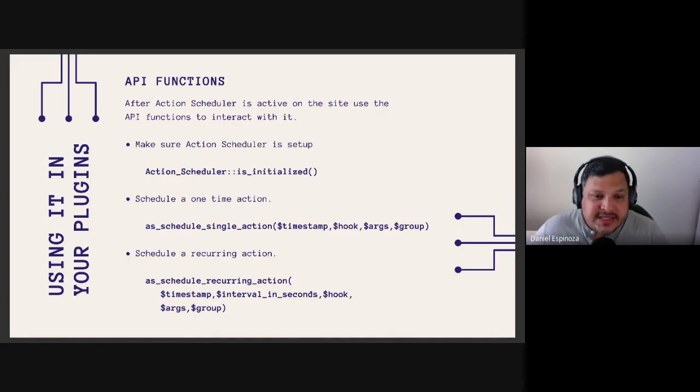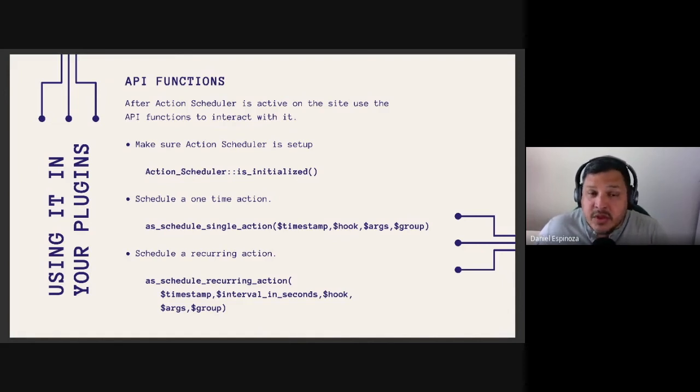And then there's also a second API function, as_schedule_recurring_action. The recurring action is one that I mentioned is available, but I haven't seen a lot of plugins use it, because they usually handle rescheduling actions after an action runs, and they handle that logic.